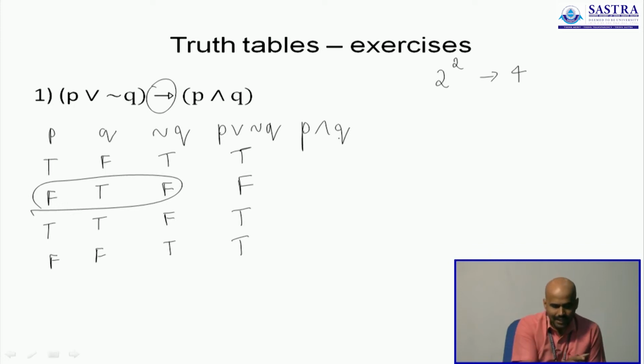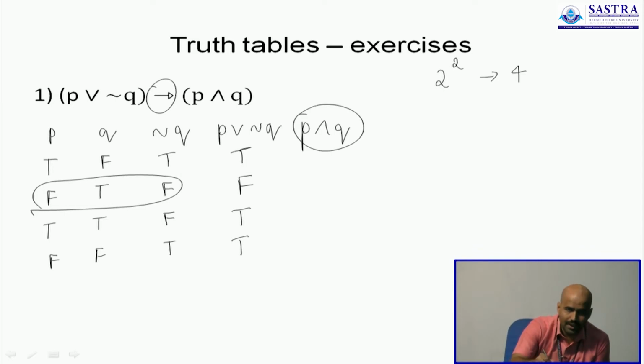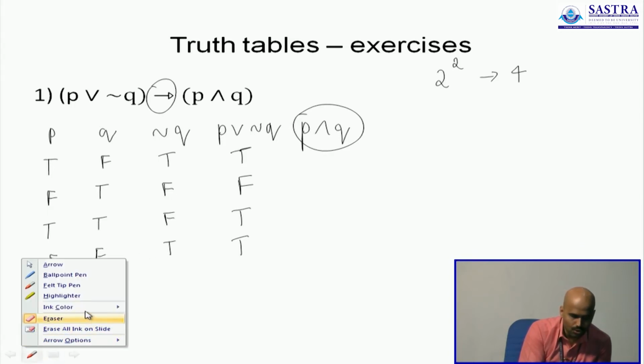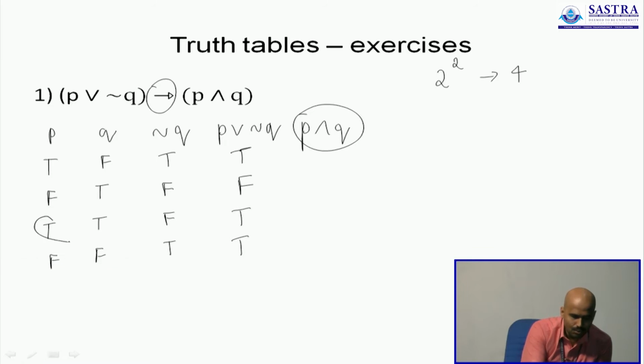So is there any combination where you see both P and Q to be true together? That's when this conjunction will take up a true value, and that happens in the third row of your truth table. Look at the third row. We see both P and Q true.